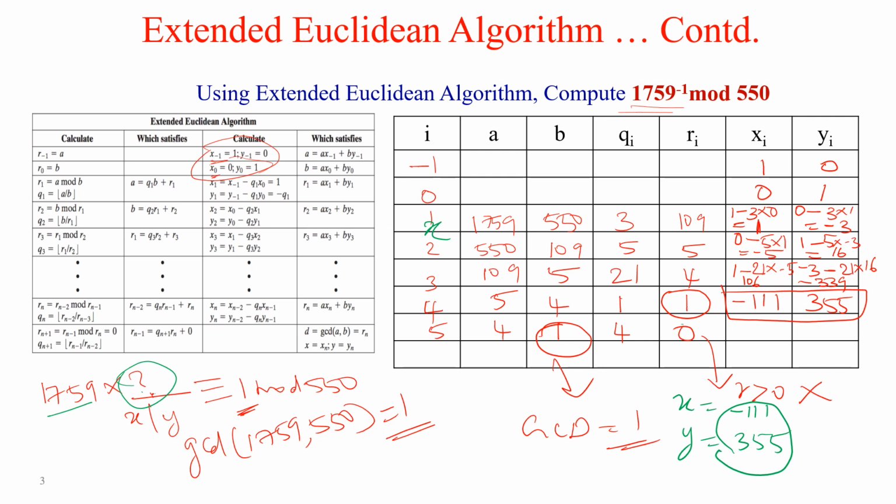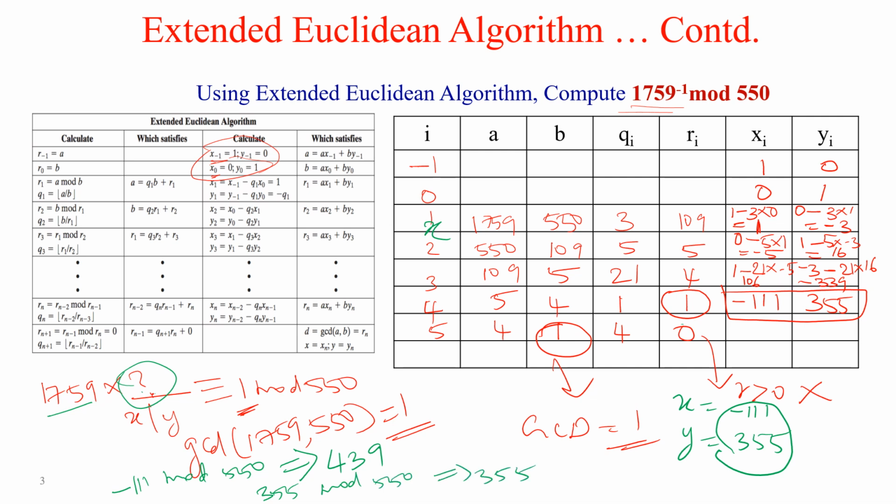So here for minus 111, we have to apply this mod value. So minus 111 mod 550. What is the answer? 550 minus 111, it is 439. Another is 355 mod 550, it is 355 only.